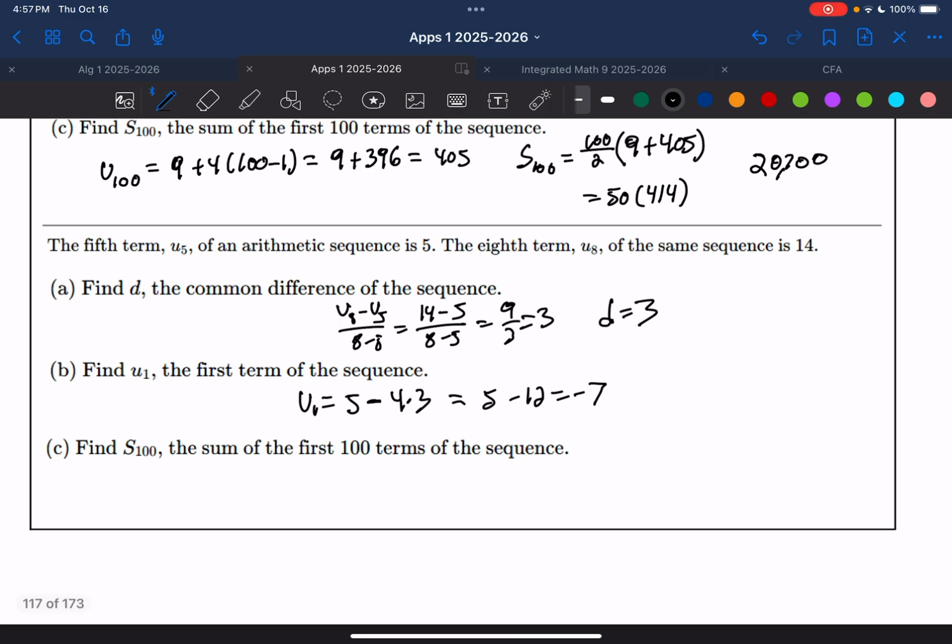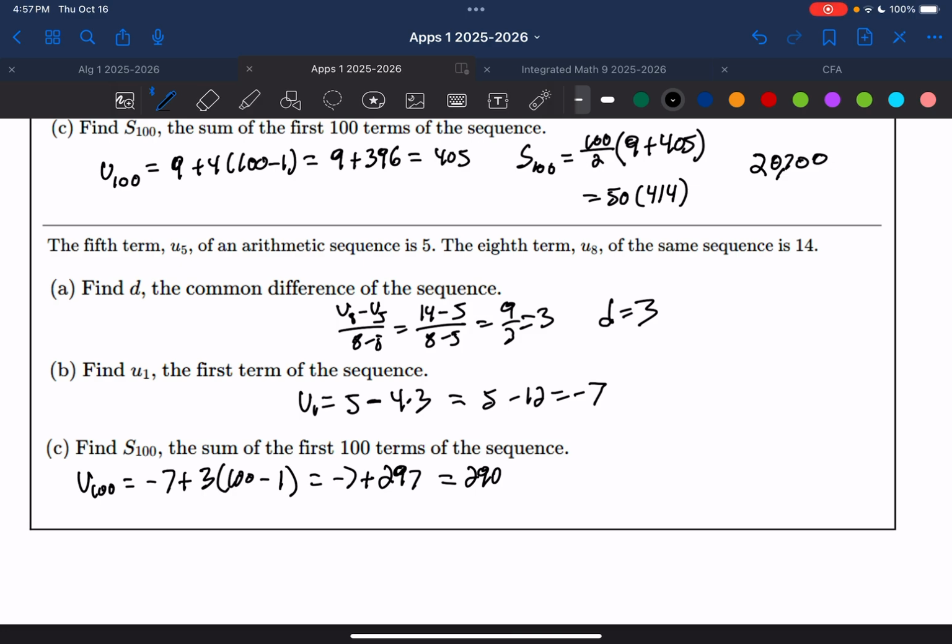So now that we have U1, we want to start by finding U100. And so U100, that's going to be negative 7 plus 3 times 100 minus 1. That's negative 7 plus 297, which means it's 290.